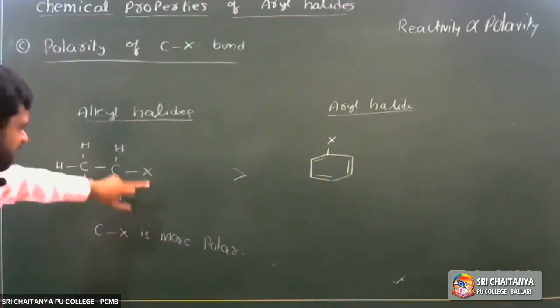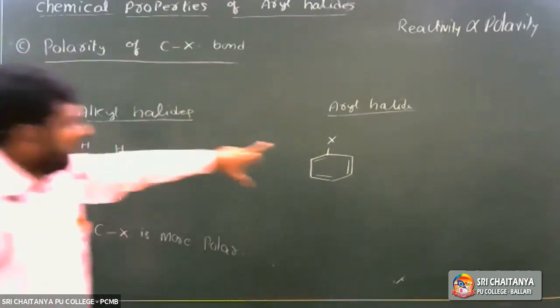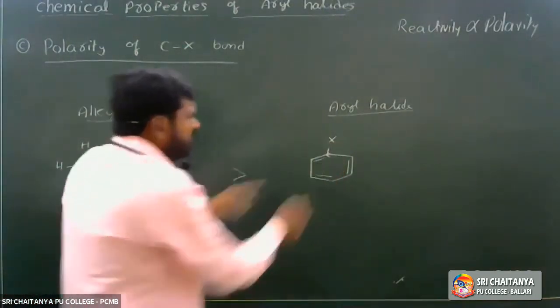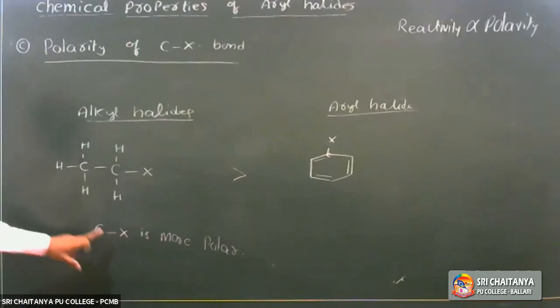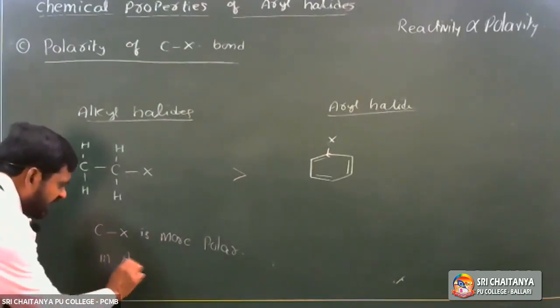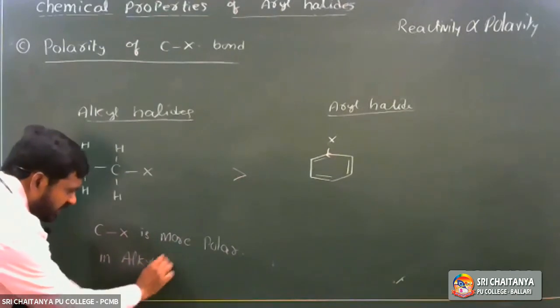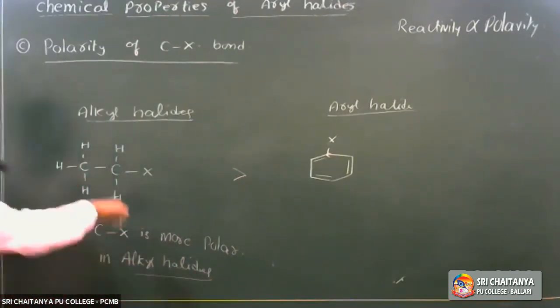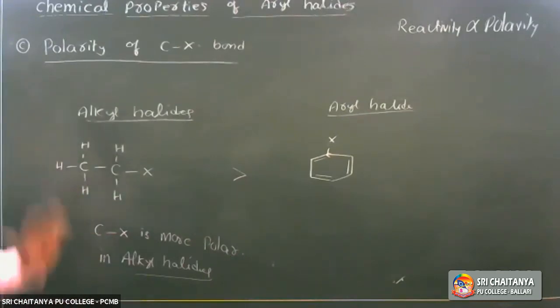In alkyl halides, take the C-X bond; in aryl halide, it is the carbon of the ring. The C-X bond is more polar in alkyl halides, hence alkyl halides are more reactive towards nucleophilic substitution reactions.